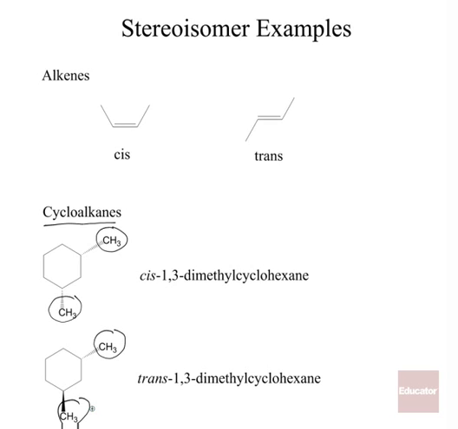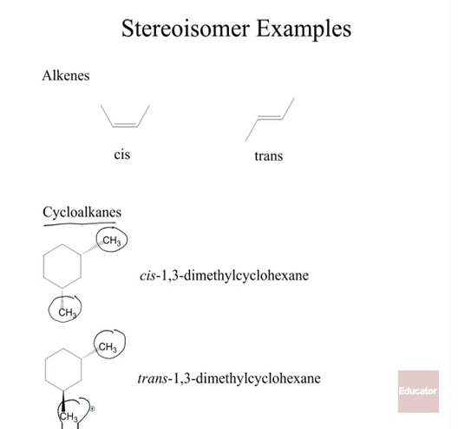We use the same terminology here to describe cis and trans. We describe 2 groups on a ring as being cis to one another if they're on the same side of the ring. So if we kind of flatten out the ring, you see that you can either be in the up position or the down position, either above the ring or below the ring. Because these 2 substituents are on the same side of the ring, we would describe them as being cis to one another.